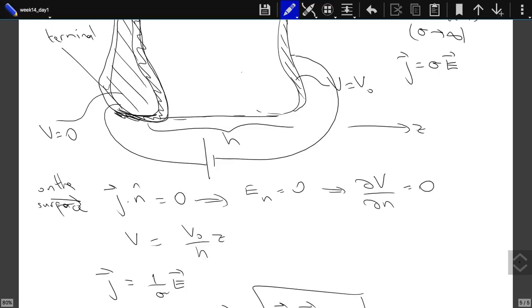So it satisfies the boundary conditions, it satisfies the Laplace equation, and then I have my uniqueness theorem. And the uniqueness theorem tells me that since this solution already satisfies my differential equation with the boundary condition, it is the solution. There's no other solution, but this tells me that at least inside my conductor, the electric field is nothing but V0 over H in the Z direction.